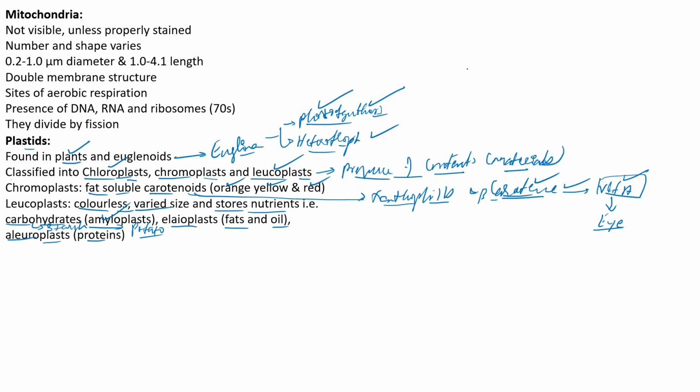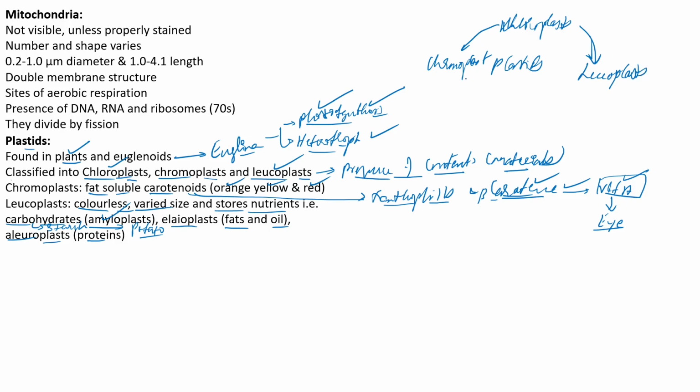Now there is one important point that you have to remember. In the case of plastids, we mentioned the chloroplasts, the chromoplasts, and finally the leucoplasts.